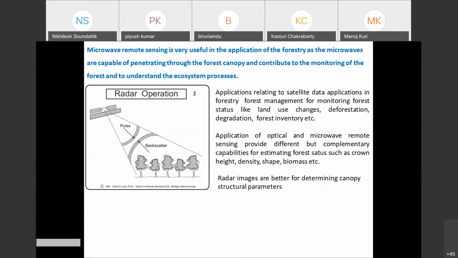Using microwave, due to the various polarizations and incident angles, we generate various applications and more information compared to optical. Radar images are better for canopy structural parameter determination.